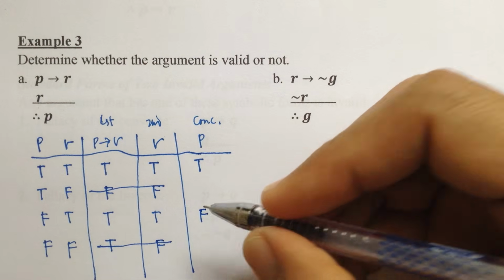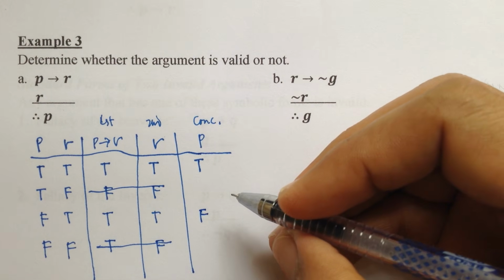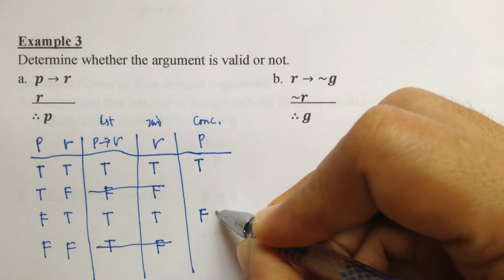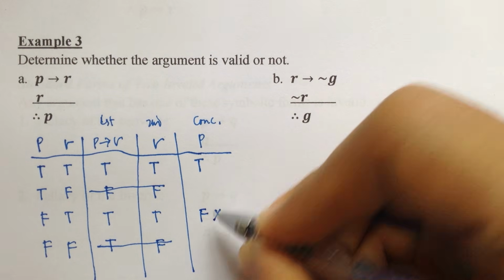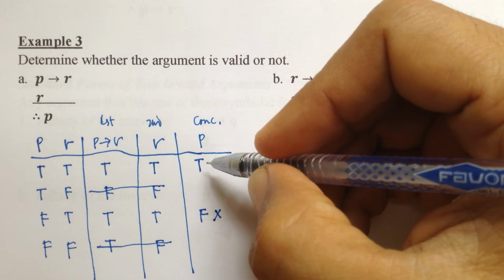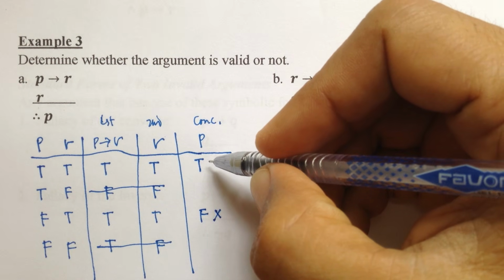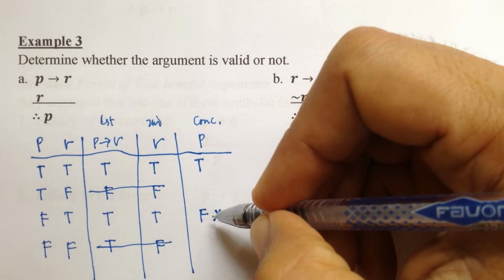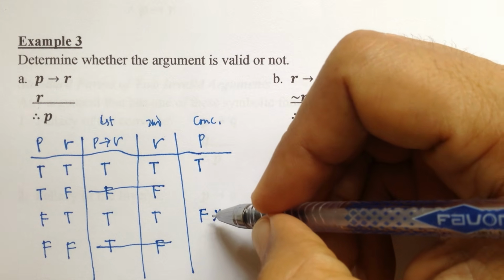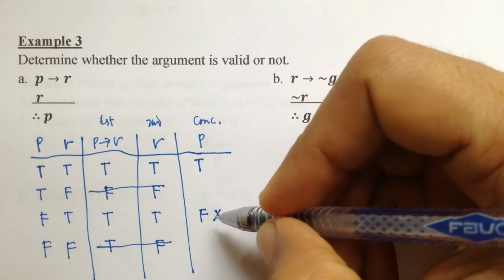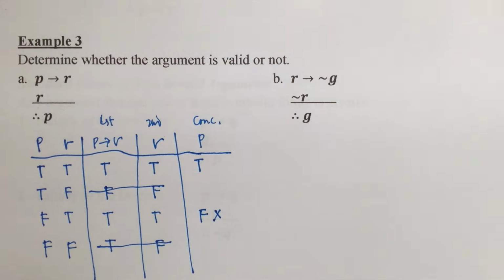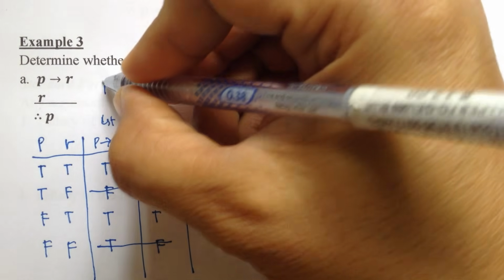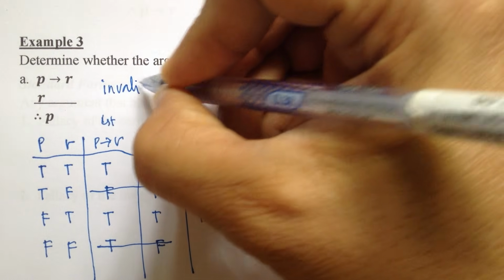Again, we have a case where in the critical rows, one of the conclusions is false. Regardless of whether there's a critical row where the conclusion is true, as long as there is one critical row where your conclusion is false, that makes the argument invalid. So this argument is invalid.